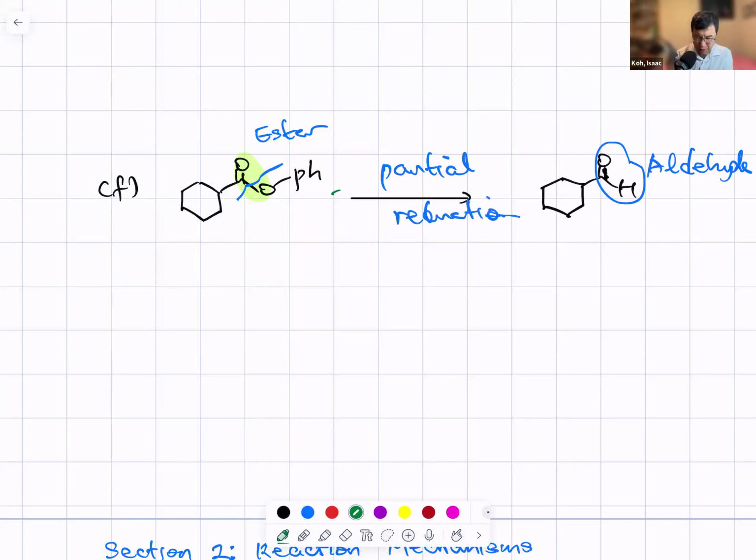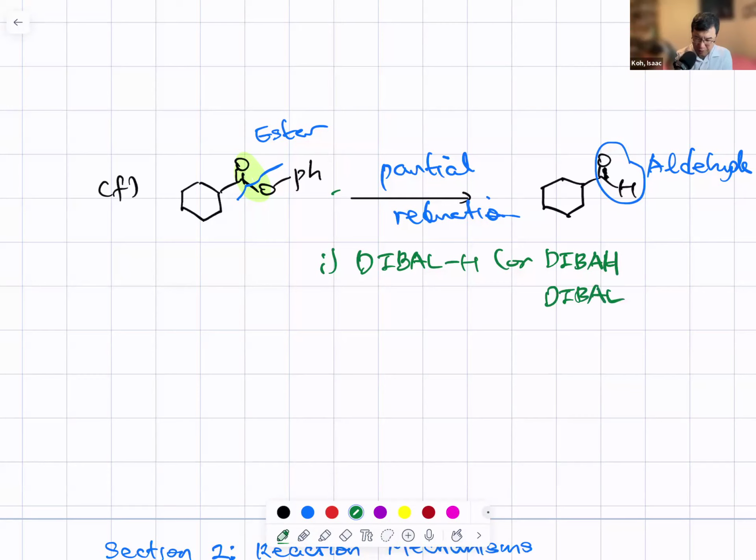This is achieved by diisobutyl aluminum hydride. We sometimes call this one DIBAL, or simply DIBAL.